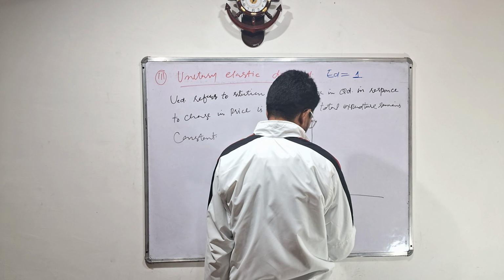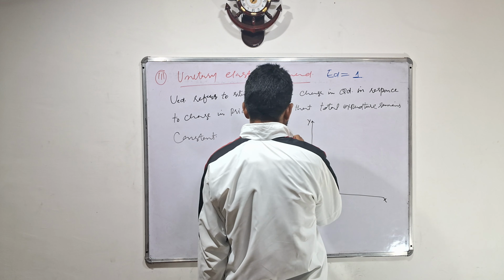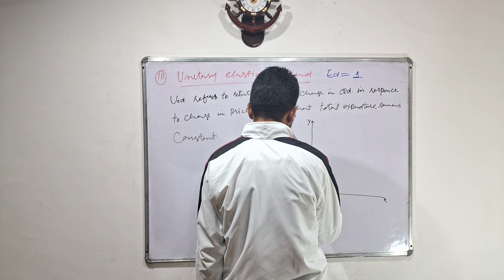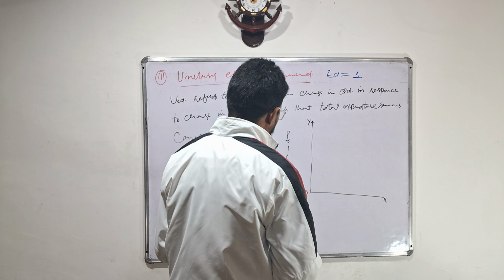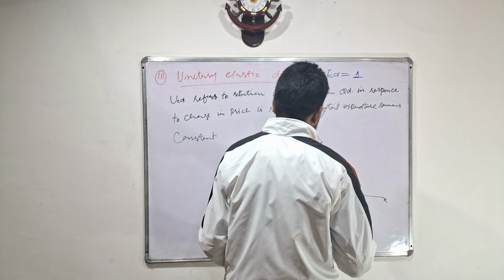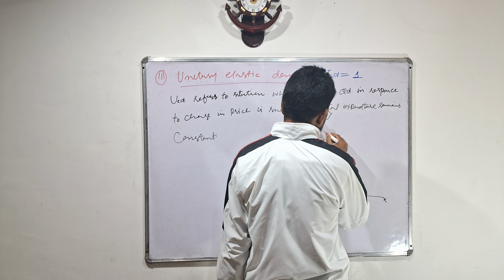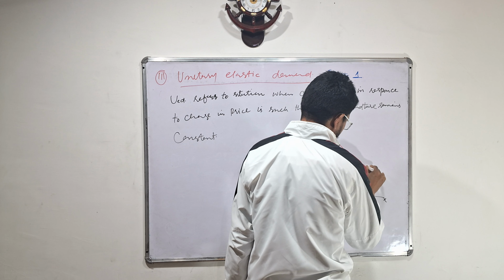Y, O, X. This is price. Now I will draw the demand curve. As I told you, the demand curve has a negative slope. This is the demand curve, DD curve.